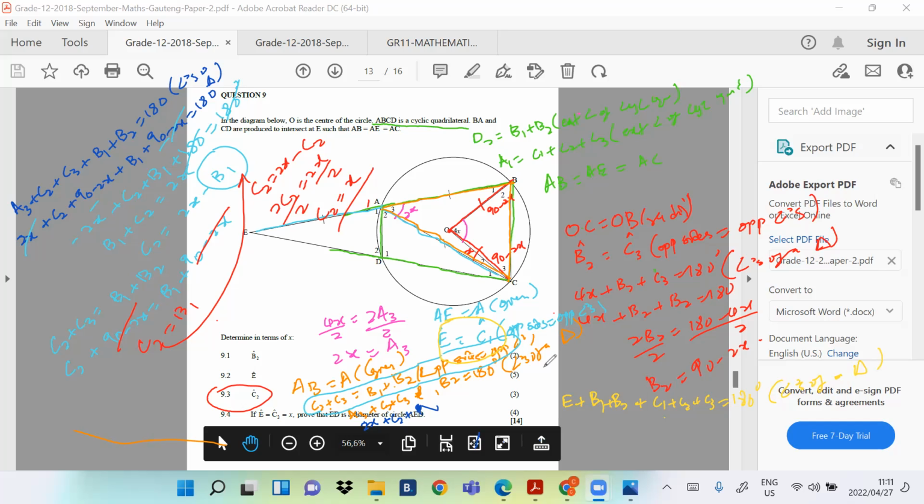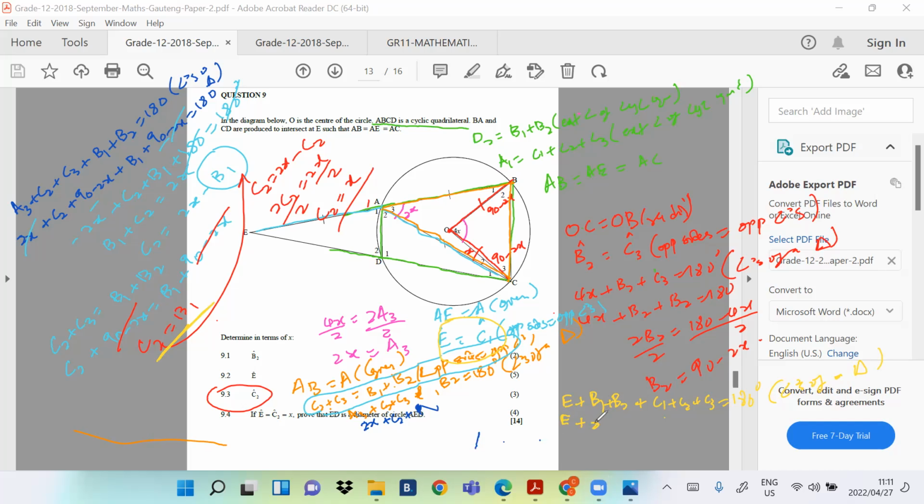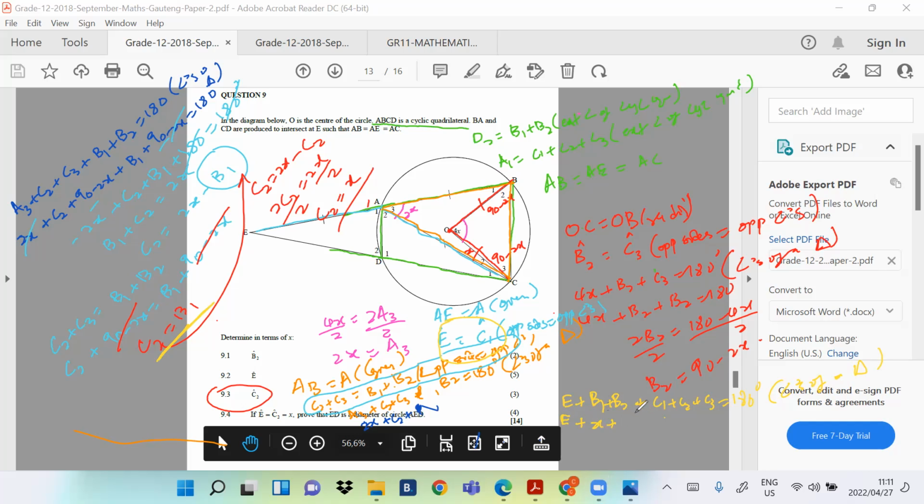So now let's continue. E is what we're looking for. What is B1? B1 is C2, which is x. What is B2? 90 minus 2x.